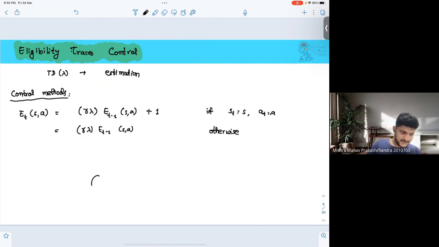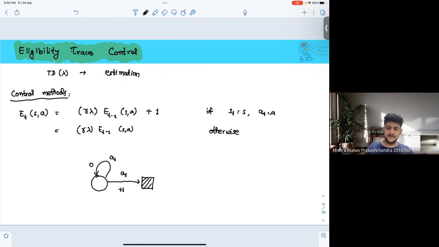Let's say I have one state and a terminal state. I have two states, and from this state I can take two actions. I can take action A1, for which I get a reward of 0, else I can take action A2, for which I get a reward of +1.